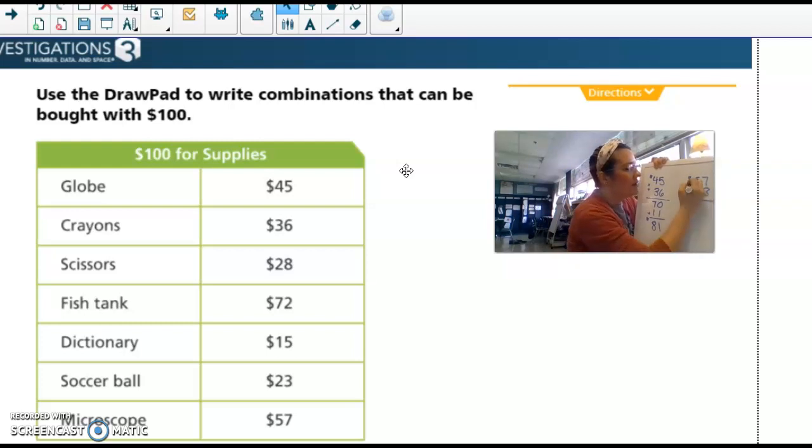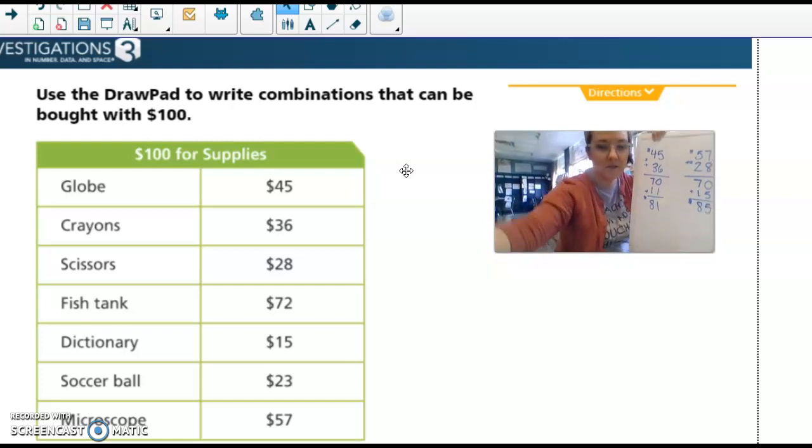And the reason I know that is, again, I have 5 10s and 2 10s. 50 plus 20 is 70. So even if my ones made a new 10, I would still be under $100. Okay, so to finish this problem, 7 plus 8 is 15. So I did make a new 10. 70 plus 10 is 80. 0 plus 5 is 5. So I would have only spent $85.